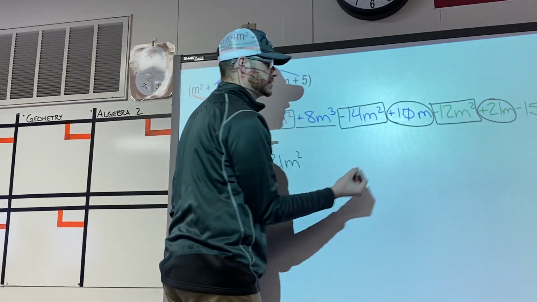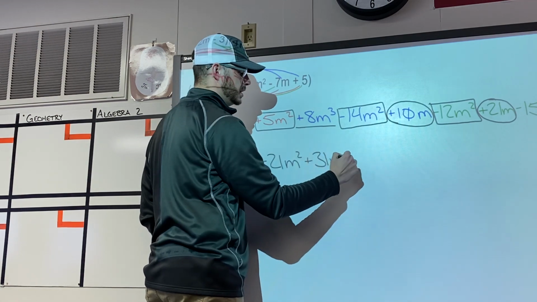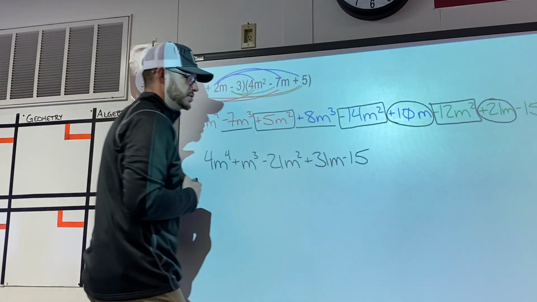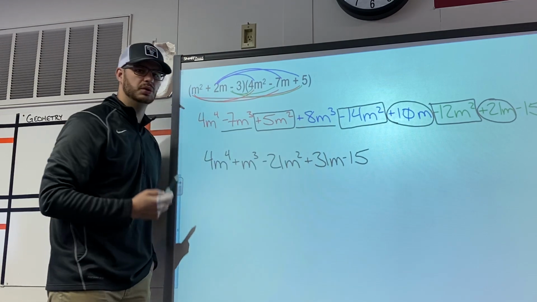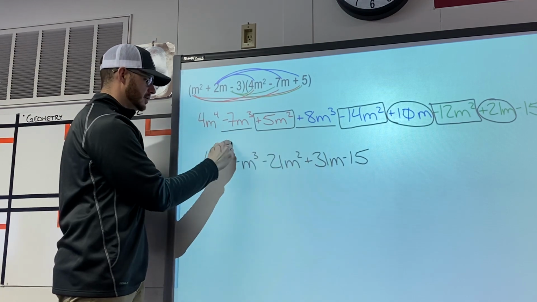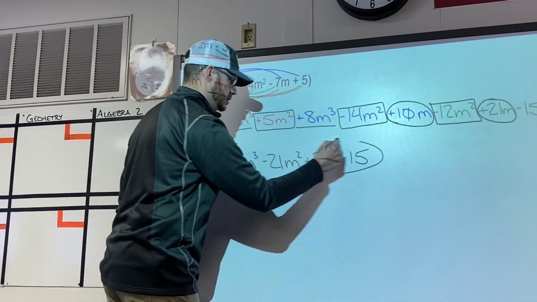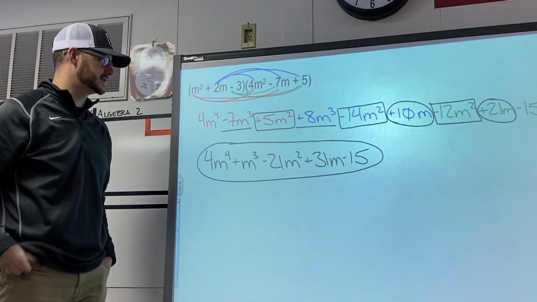Then 10m plus 21m gives us 31m, and we subtract our 15 at the end. Again, we want to check to make sure there are no like terms that can still be combined, and make sure it's in descending order. That would be our simplified polynomial in this case.